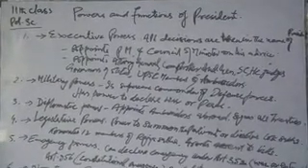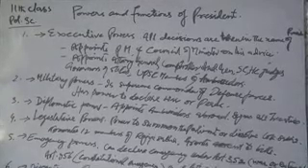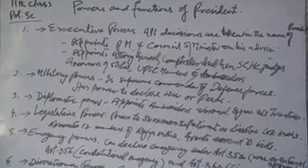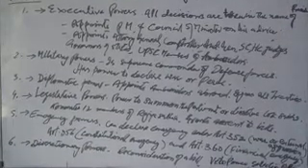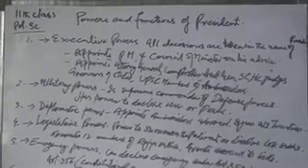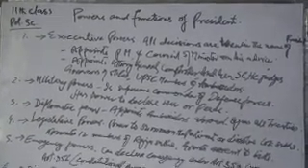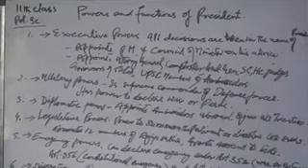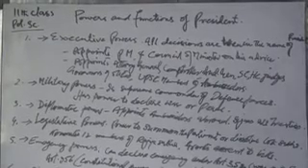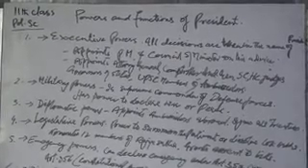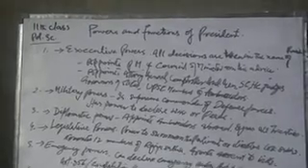The sixth one is discretionary powers. The President of India also has discretionary powers. Though being a nominal head, it is the duty of the Prime Minister to keep the President informed of all the vital decisions.